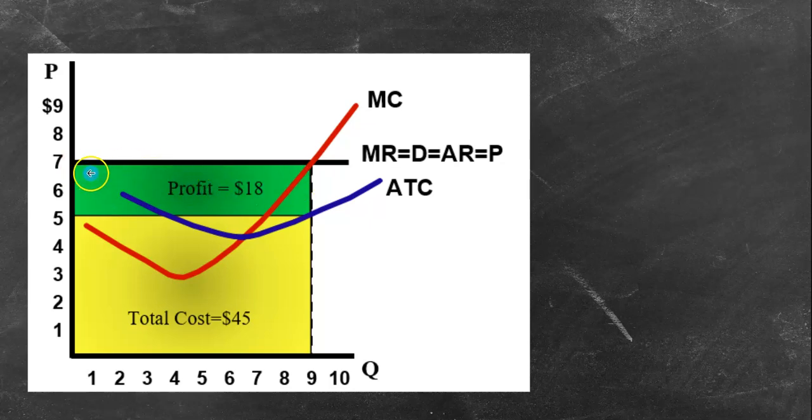And so if this whole area, this entire square, is your total revenue, and this is your total cost area in yellow, the profit is simply going to be this price, 7 minus 5, which is $2, and $2 times a quantity of 9 also gives us $18.